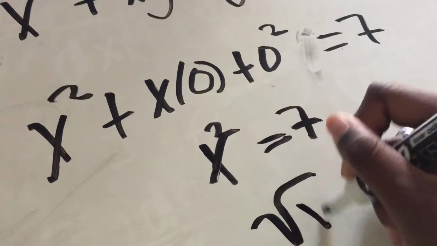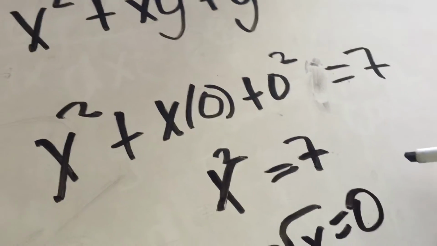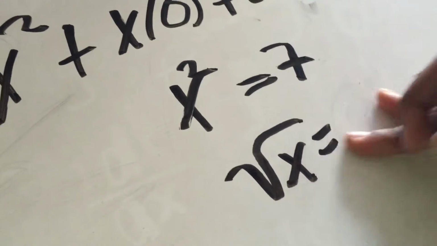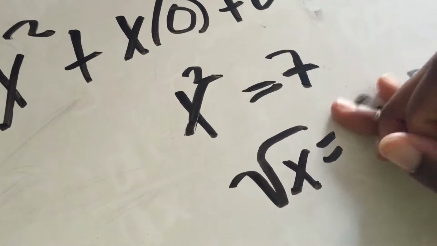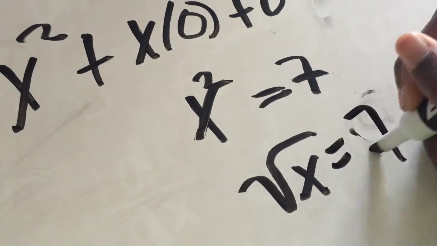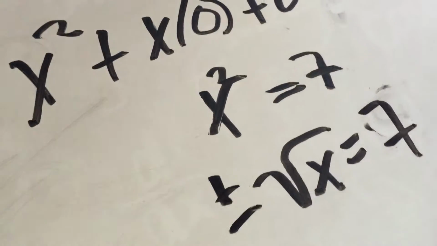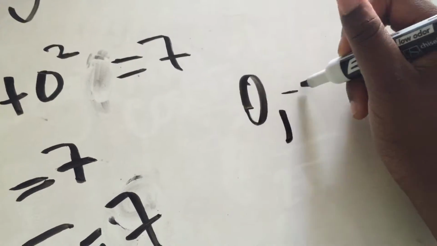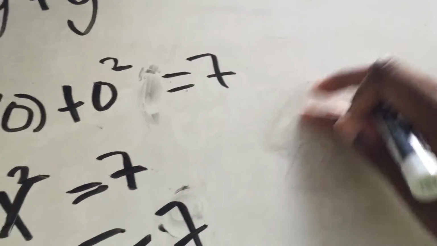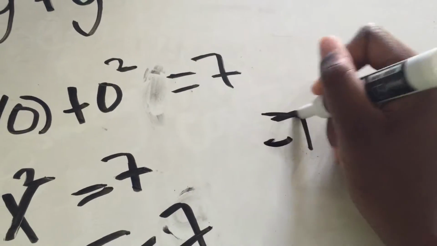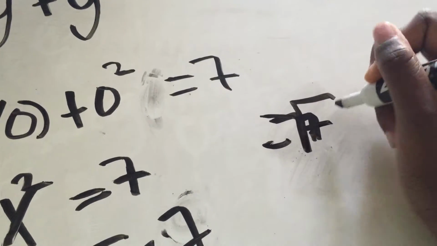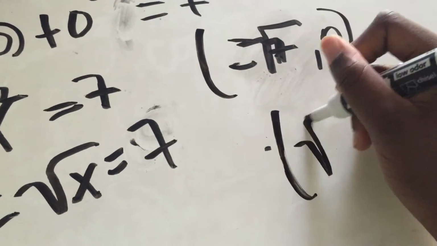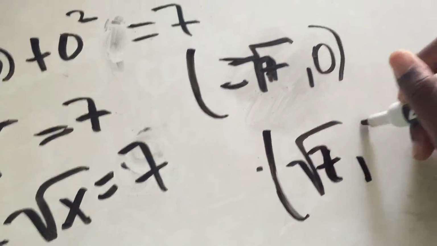So x is equal to plus or minus the square root of 7. I wrote that backwards, I'm so sorry. Today's just not my day. Negative square root of 7, comma 0, or just the square root of 7, comma 0.